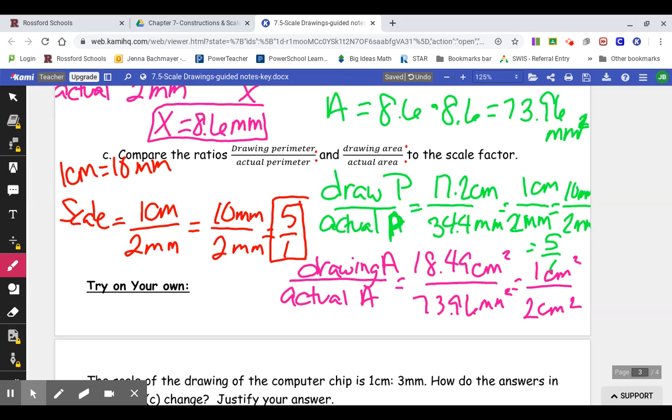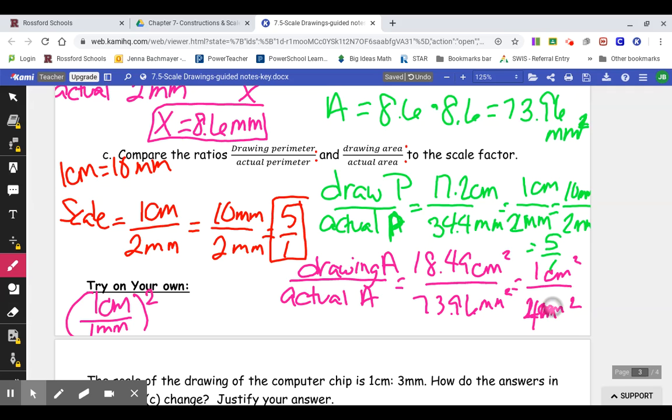And when I actually square this, let's see if I have some space. So 1 centimeter to 1 millimeter, that is going to be squared.